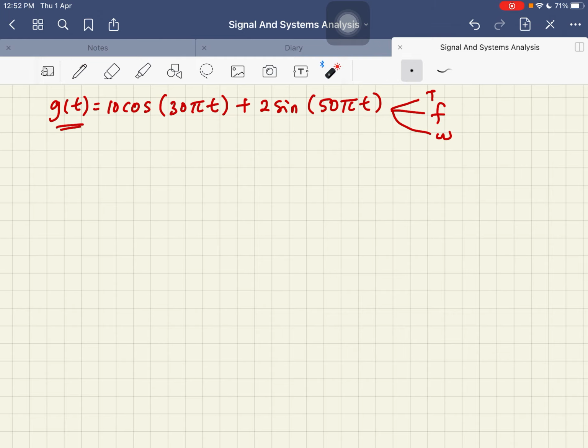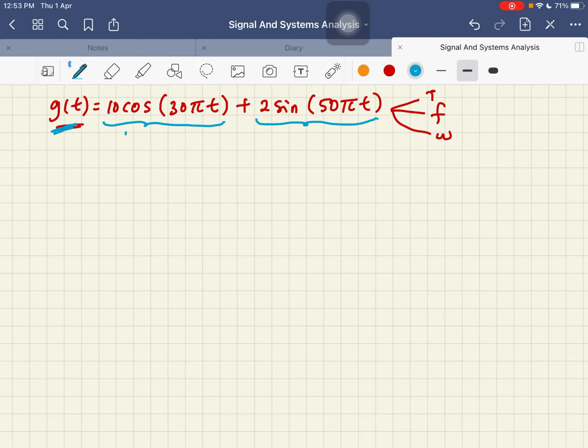Now if we look at this signal, g of t is the sum of two periodic signals, which are this cosine signal and this sine signal. So in order to determine the fundamental period of g of t, we have to calculate the fundamental period of each individual cosine and sine signal, and after that we apply the least common multiple to determine the fundamental period of g of t.